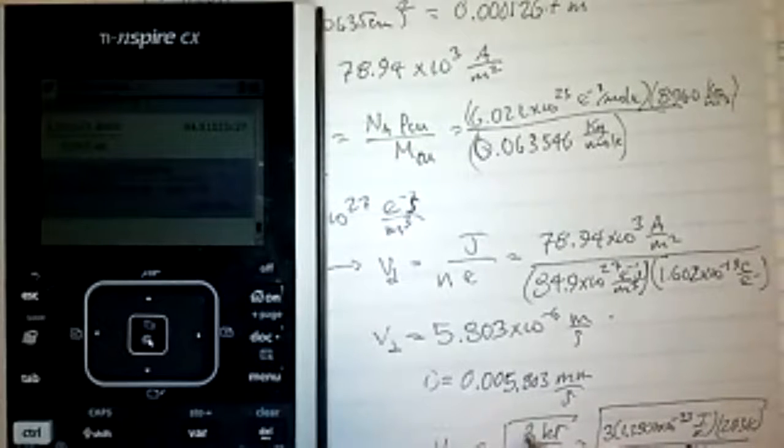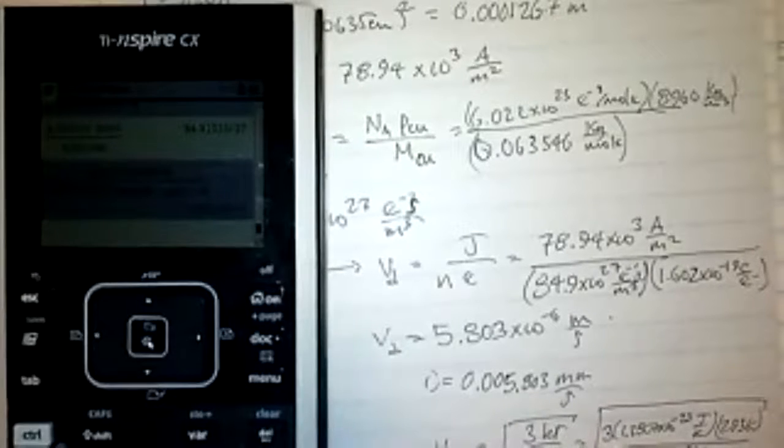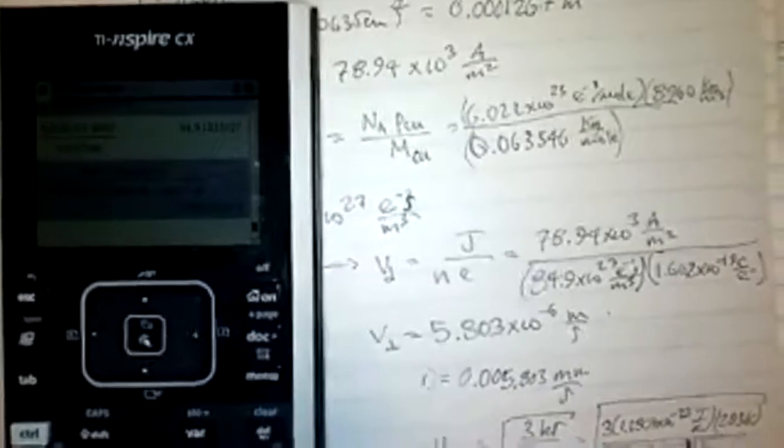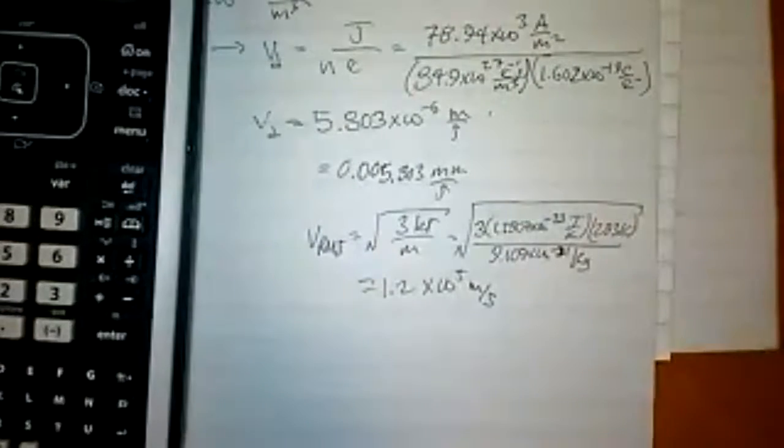When you do all that math, that turns out to be about 1.2 times 10 to the 5th meters per second. So the velocity of the drift particles going by due to the current is really, really small compared to the average velocity they have just because they're moving in random motion due to temperature.